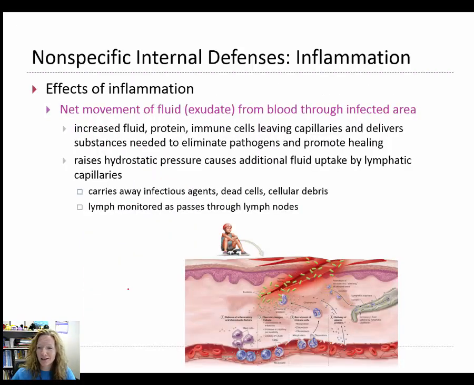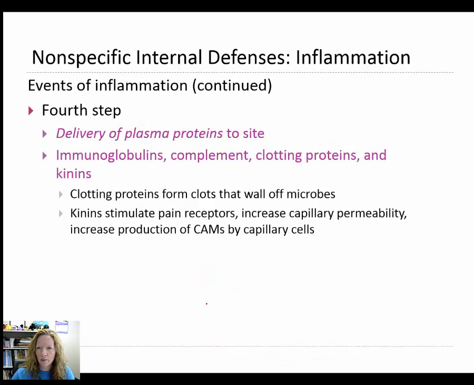All right, so hopefully you watched the animation that goes through the specific events that occur through inflammation. I know the video didn't really quite go into this delivery of plasma proteins. It talks about it here, about bringing in immunoglobulins, complement, clotting proteins, kinins.